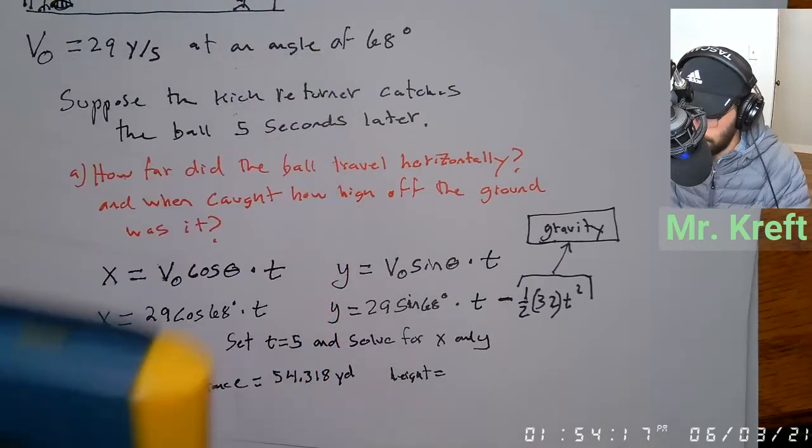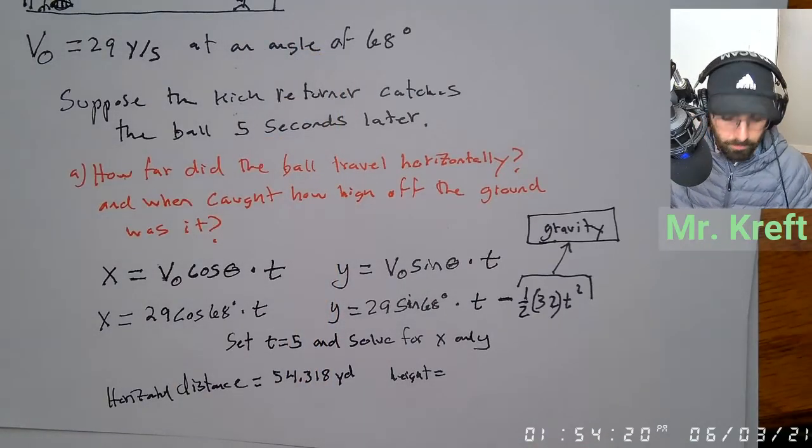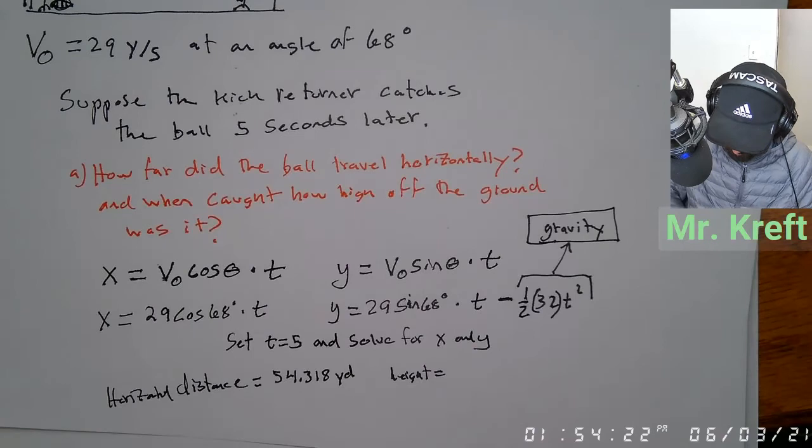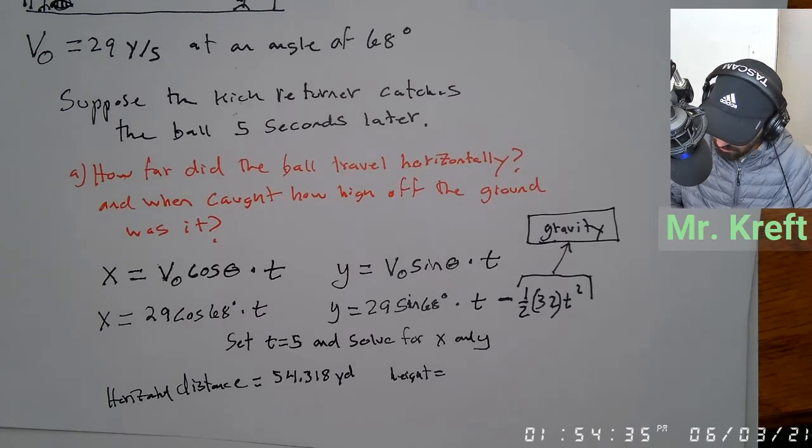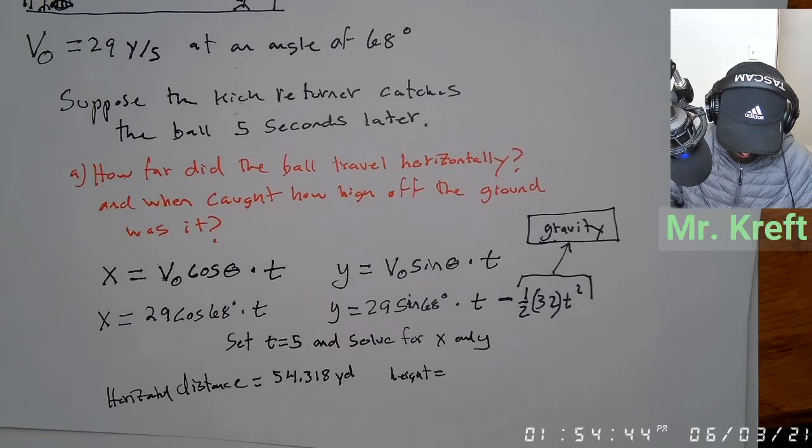And I get, nope, I did something wrong. What did I do wrong? 29 sine of 68 times 5. I wonder if it didn't like where I put the 5. That's probably what it did.